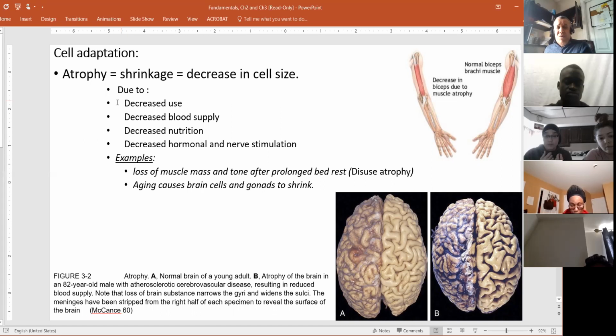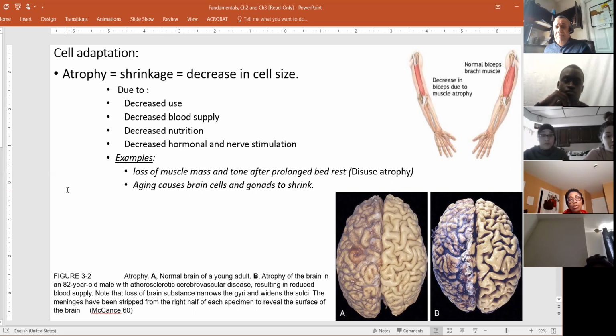smaller. It gets smaller in size either because of decreased use, decreased blood supply, insufficient or decreased nutrition, decreased hormone or nerve stimulation.